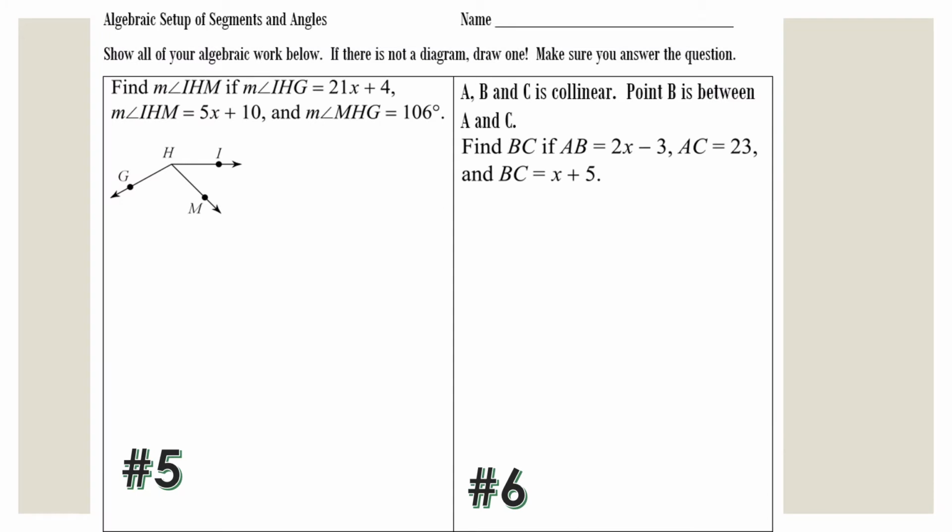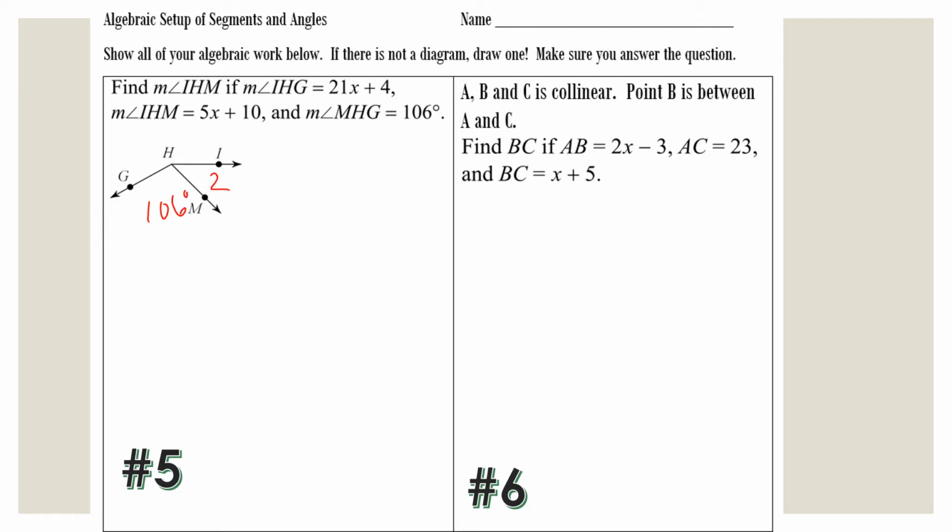Okay, so number 5, find the measure of angle IHM if the measure of IHG is 21x plus 4, the measure of IHM is 5x plus 10, and the measure of MHG is 106. So MHG is 106 degrees.